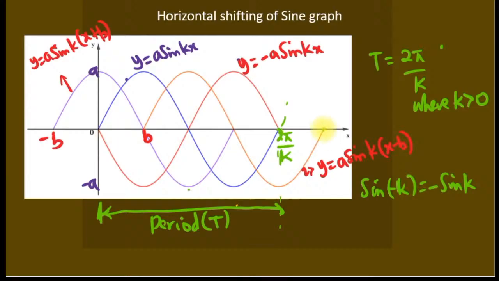So the point here will be 2 pi over k plus b. So that will be the one that it will end here. It started from b and it will end here. While the one that shifted to the left will be 2 pi over k minus b. So that's it. So let's look at this question.